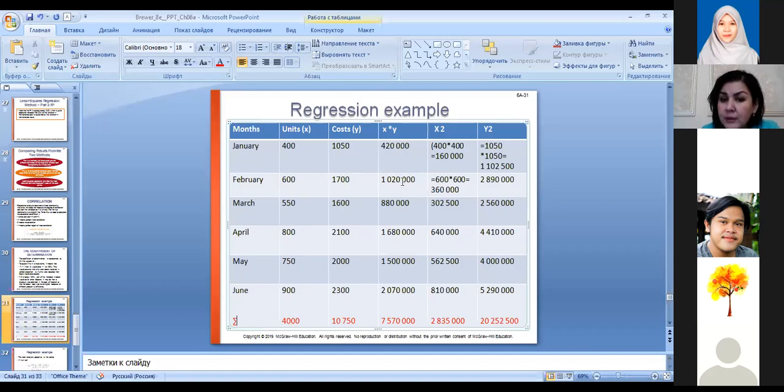The total sum of all these variables in this column equals 570,000, and etc. For x squared, for y squared, we also have done the same. We have computed the total sum of these results in this column. Now we have all data to calculate B and A.